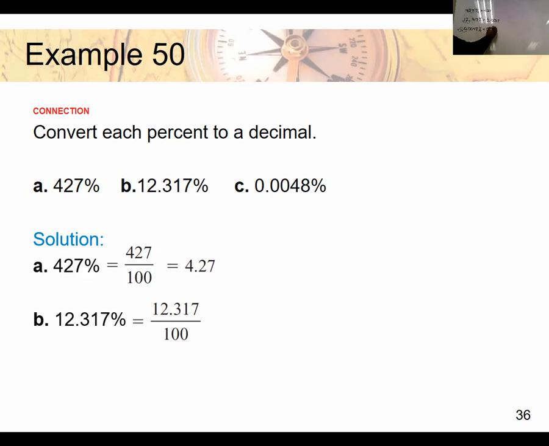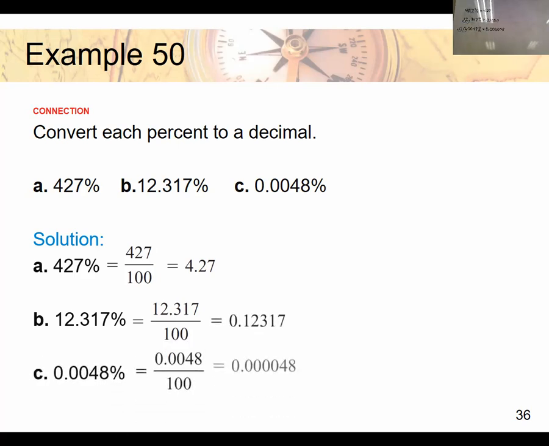So this will be 0.000048. All right. Any questions about this particular example?